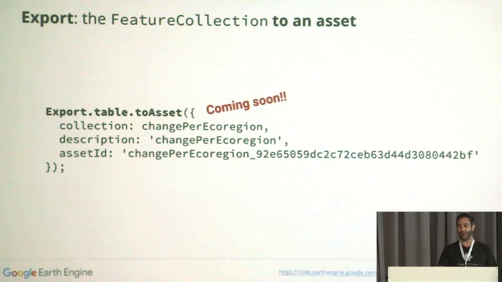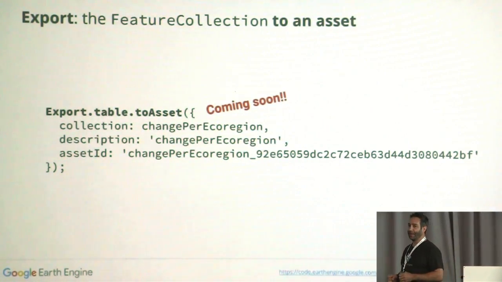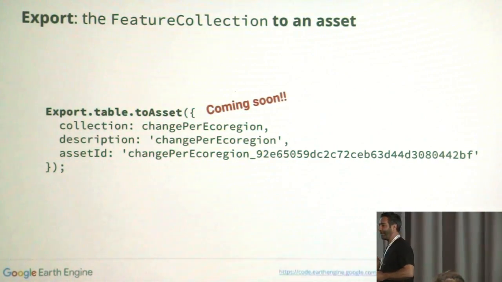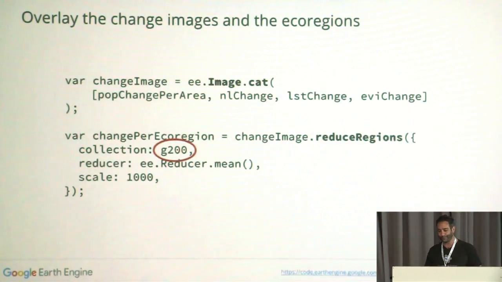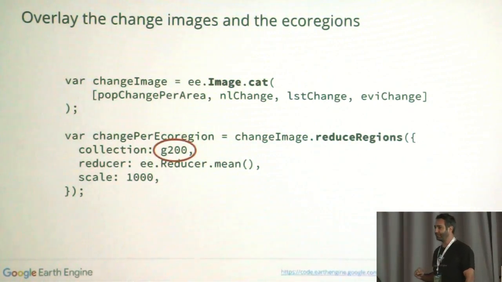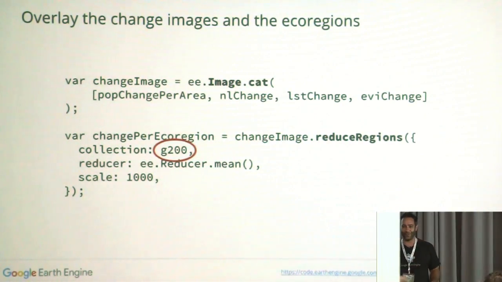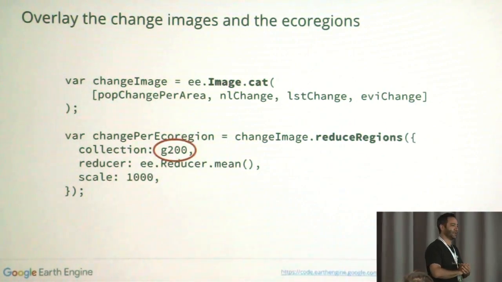And at this point, let's say that you've done this, and you say add to map of that giant reduction. So you've just done this, and you say reduce regions, and I want to add this table to the map and look at my ecoregions and investigate them, and computation timed out.